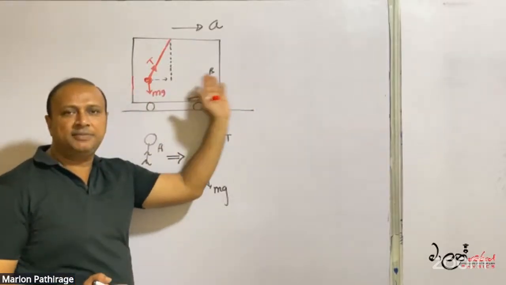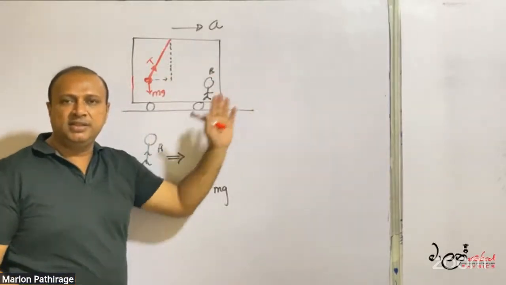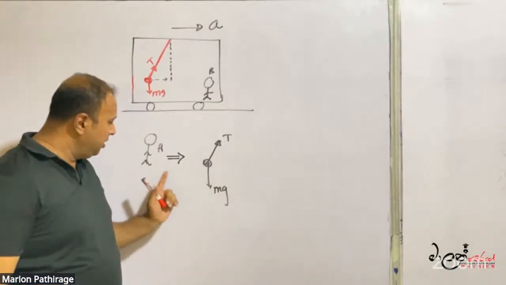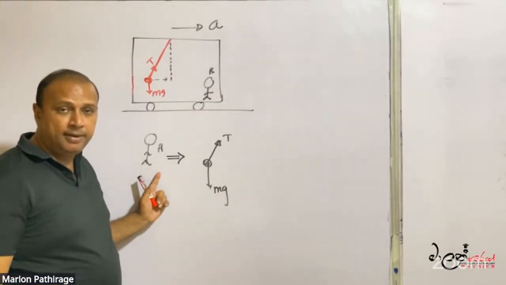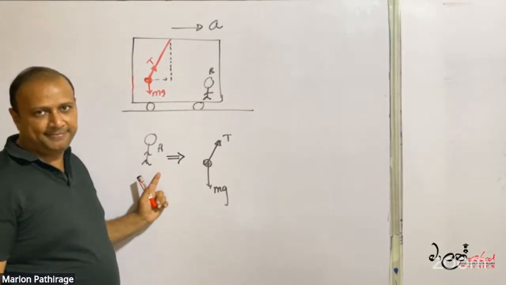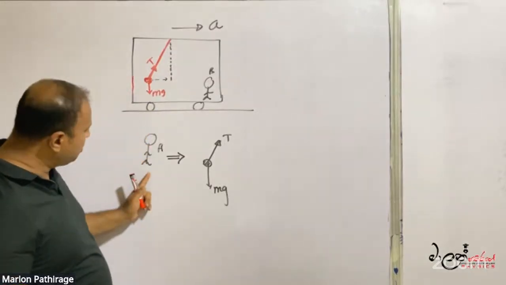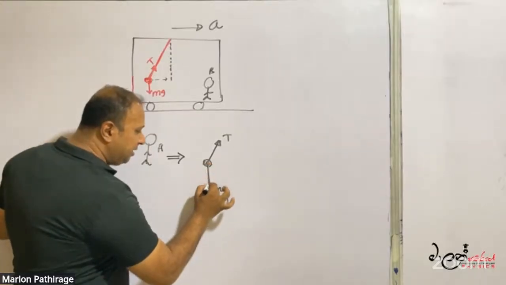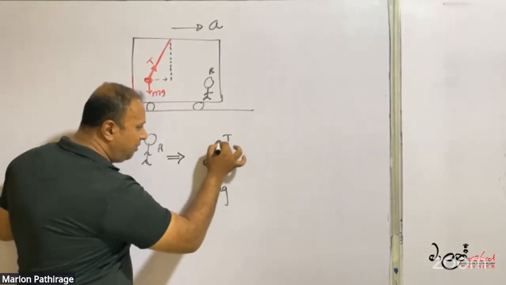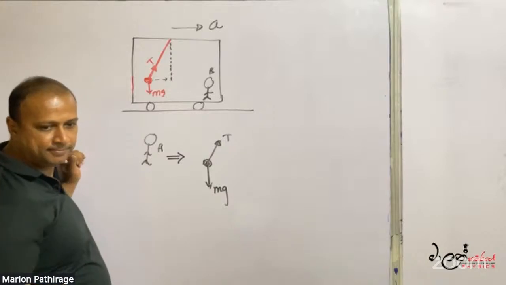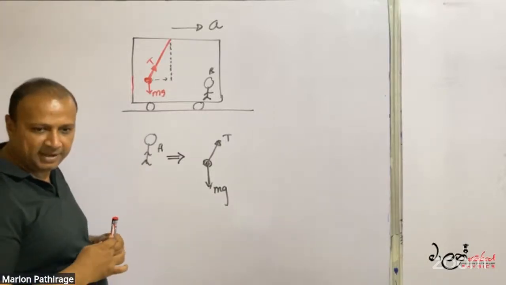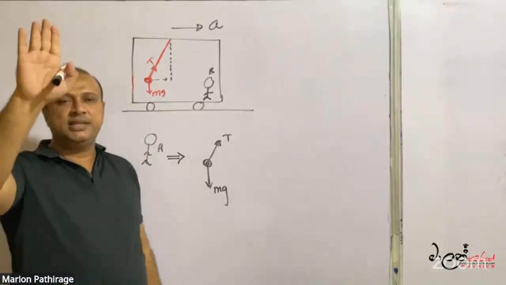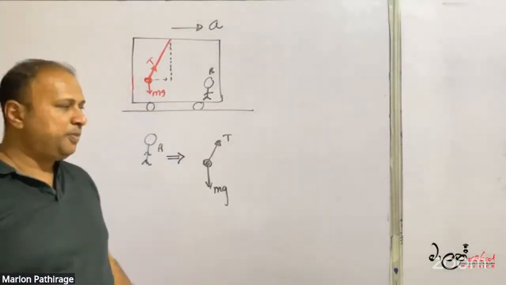The entire system has an acceleration toward this direction. Therefore, this object should have an unbalanced force. Therefore, with respect to A, there are only two forces: the tension force and the weight. Nothing else. If you got that one, please raise your hand. With respect to A, there are only two forces.